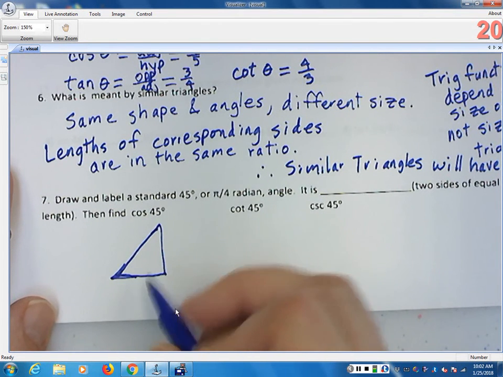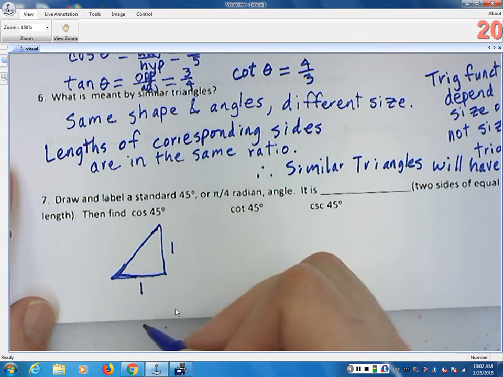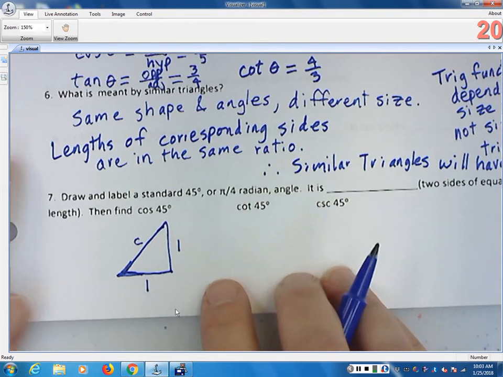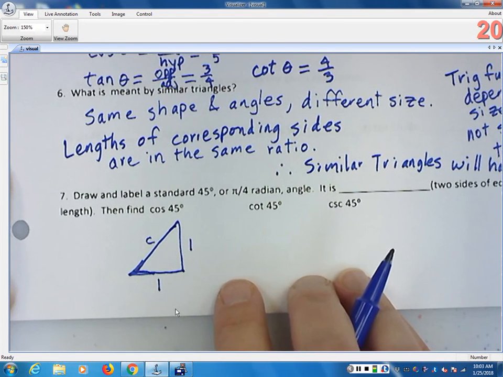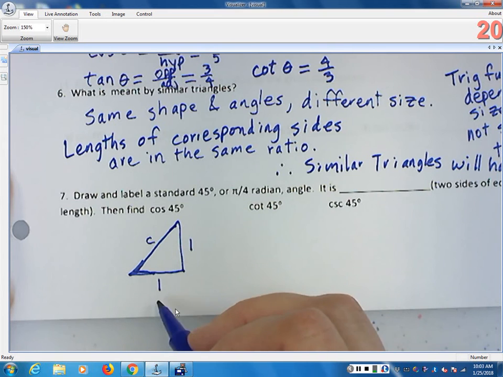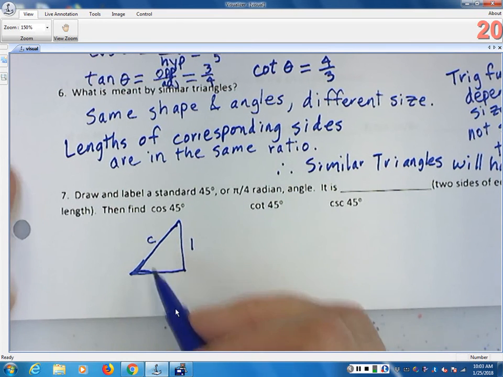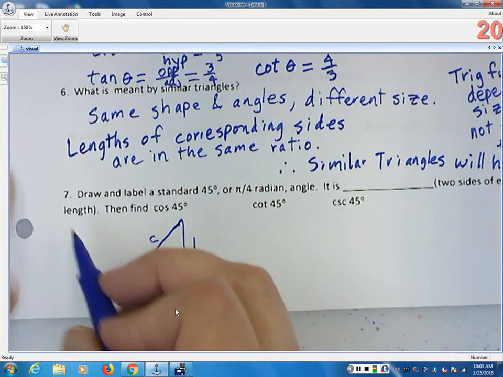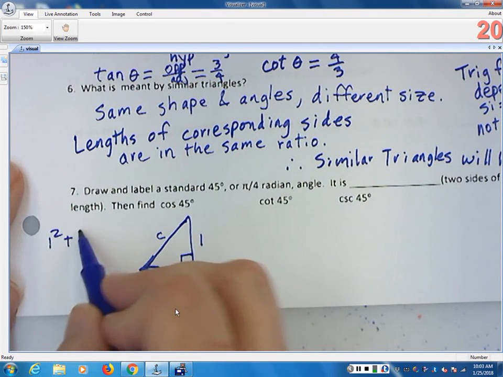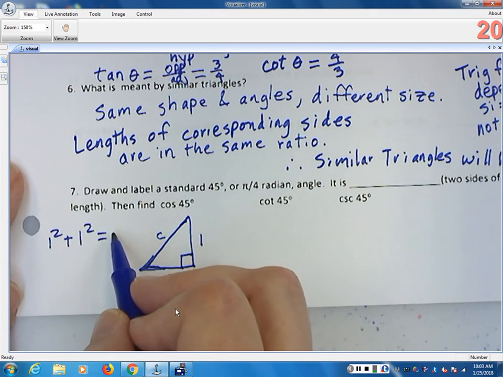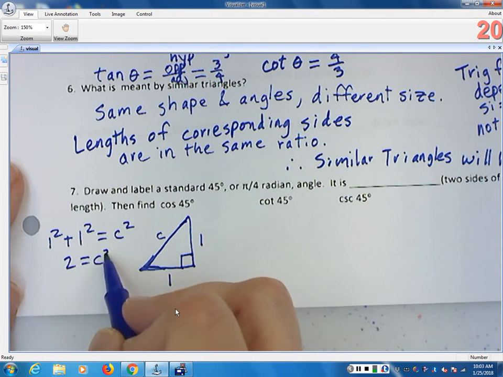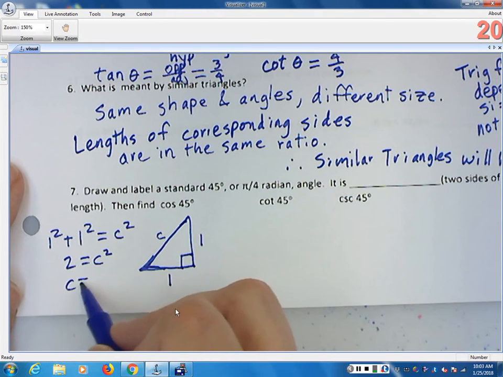So, if I just make this one and this one, this is not on the unit circle, what would C be? Use the Pythagorean theorem: 1 squared plus 1 squared equals C squared. That's 2 equals C squared, so C is the square root of 2.